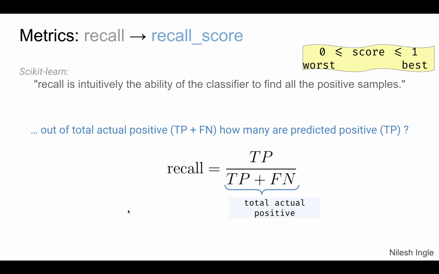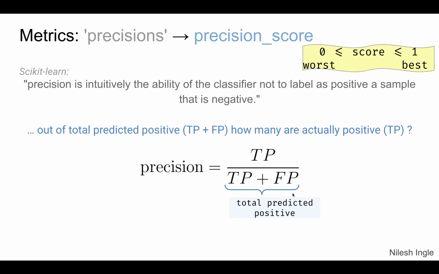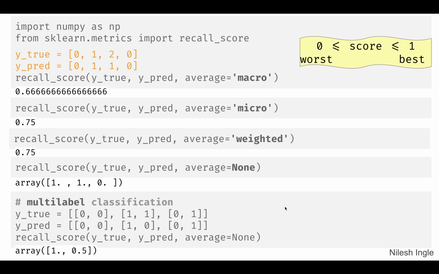Similar to the precision score, we also have a recall score that is shown here, which is true positives divided by total actual positives. And here what we had was total predicted positives. The implementation again is similar to what we saw earlier. So recall_score is what we need to import from scikit-learn dot metrics.